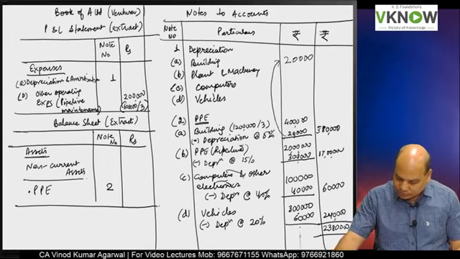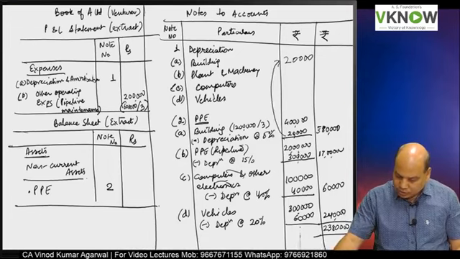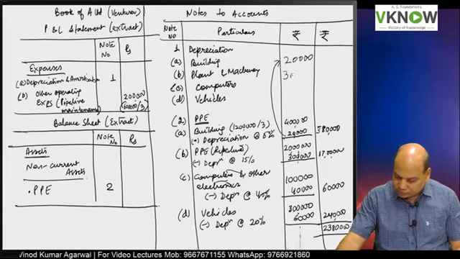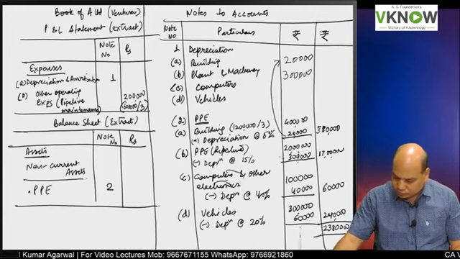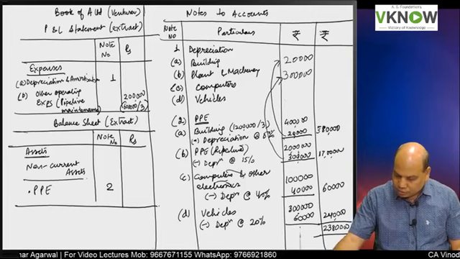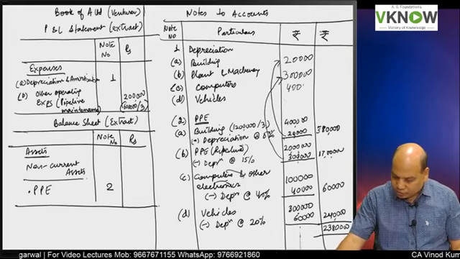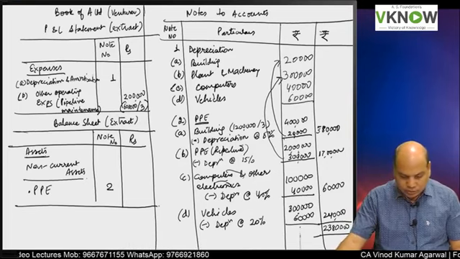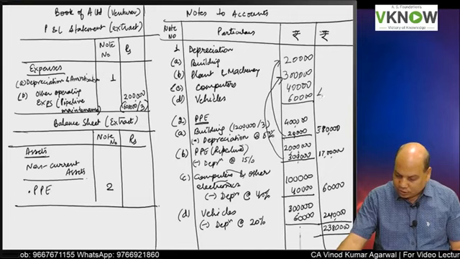20,000, this figure, on plant and machinery 3 lakh, this figure, on computer 40,000, on vehicle 60,000. So the total of the depreciation is 60 plus 40, 1 lakh, 3 lakh, 4 lakh 20,000.